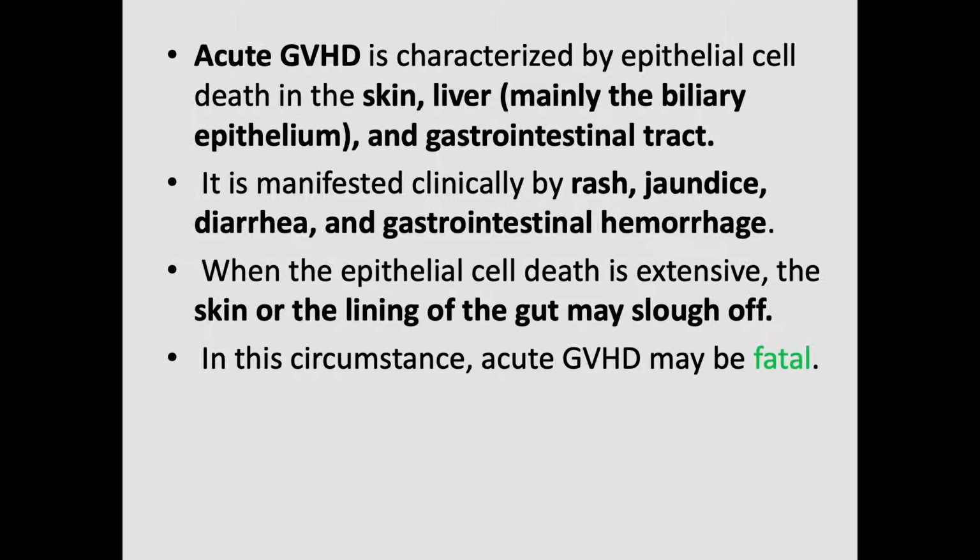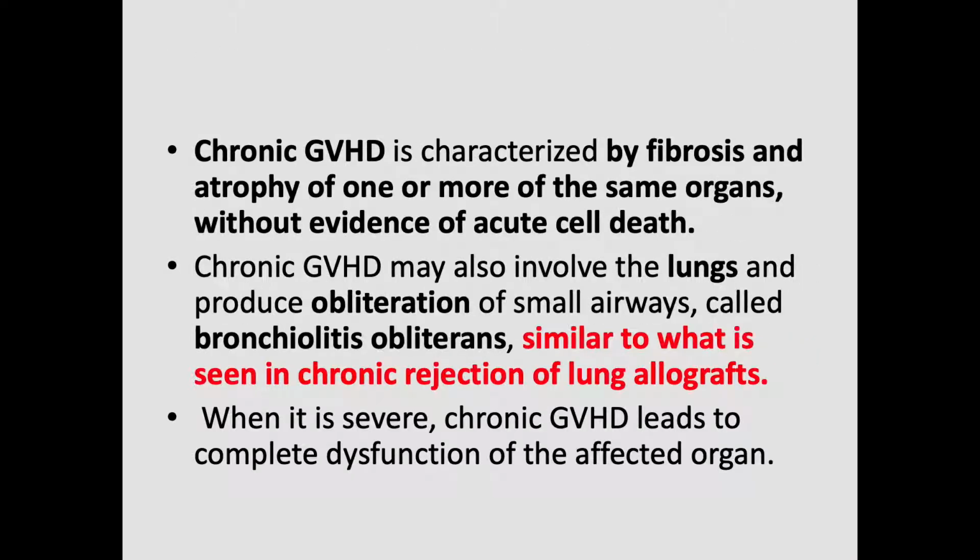In the acute form, there is damage of proliferating skin cells and proliferating GI cells, and it can also cause hemolysis and liver damage. Patients may experience rash, diarrhea, GI hemorrhage and jaundice, because of the severe activation of graft or donor T cells that cause damage to the patient's cells.